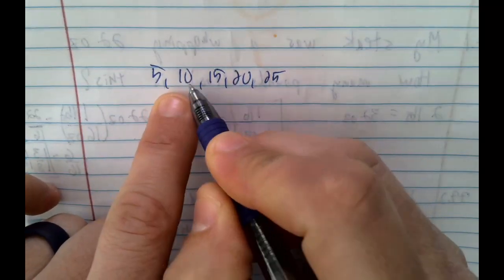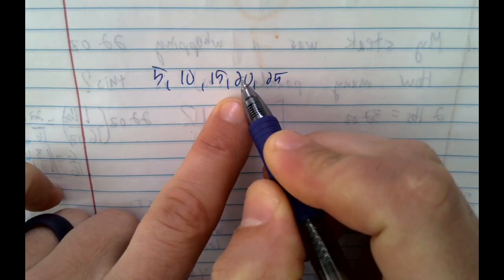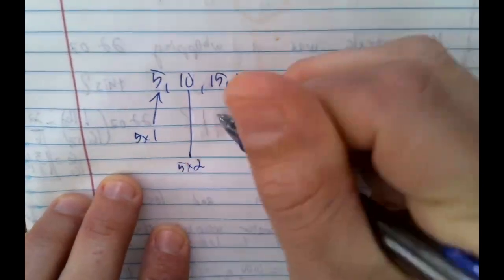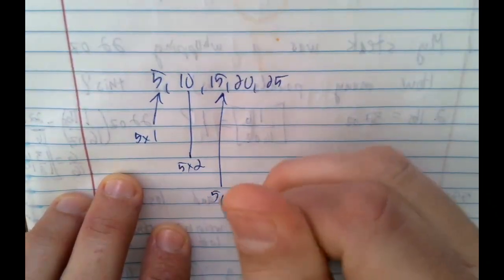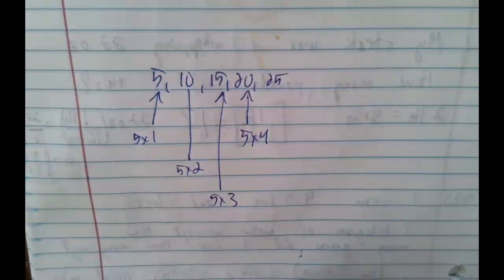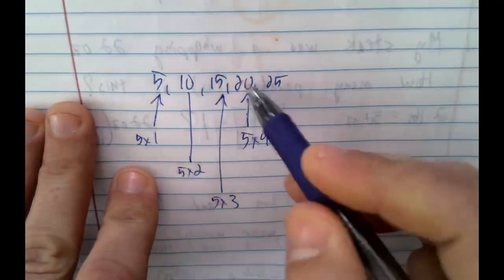I've added 5 twice. I've added 5 3 times. I've added 5 4 times. Or what you might consider is 5 times 1, 5 times 2, 5 times 3. And I think you can probably figure out where I'm going with this. You see, multiplication is just repeated addition, repeatedly adding 5.